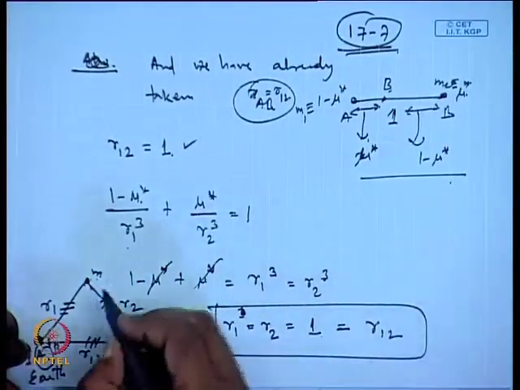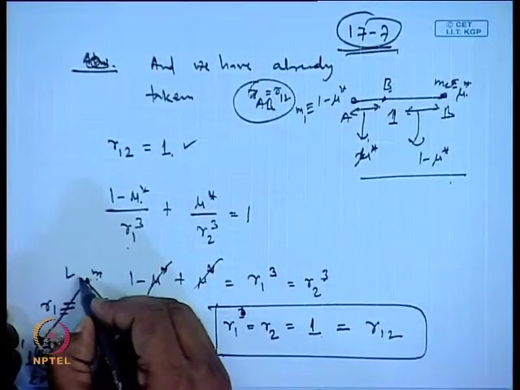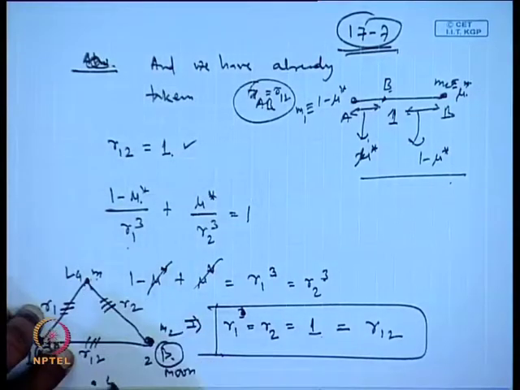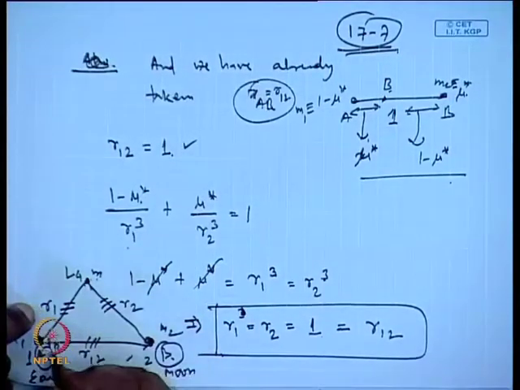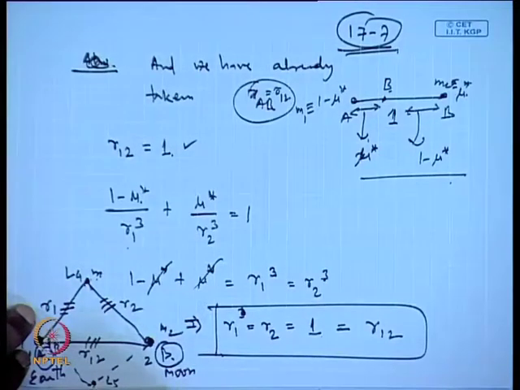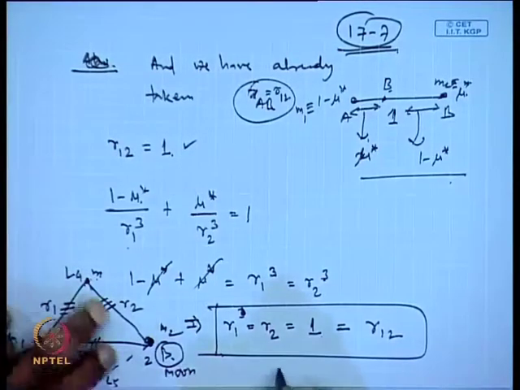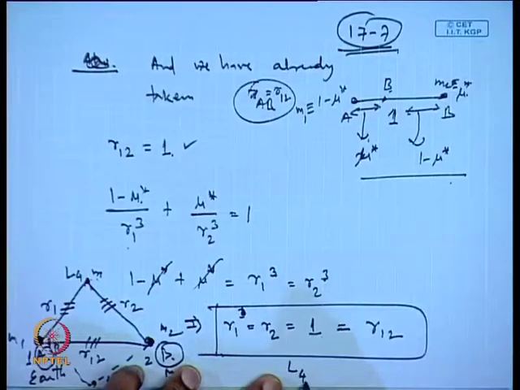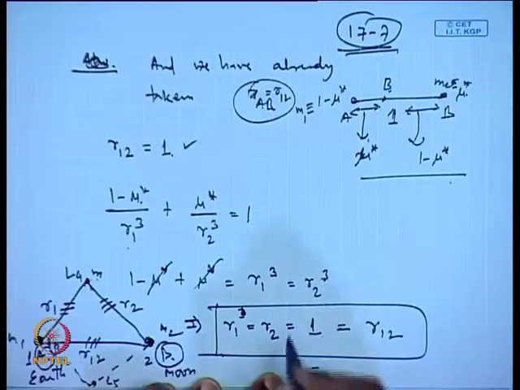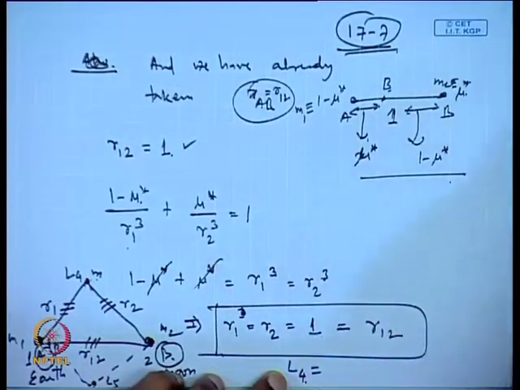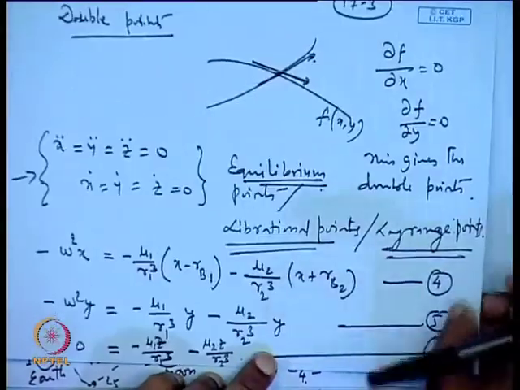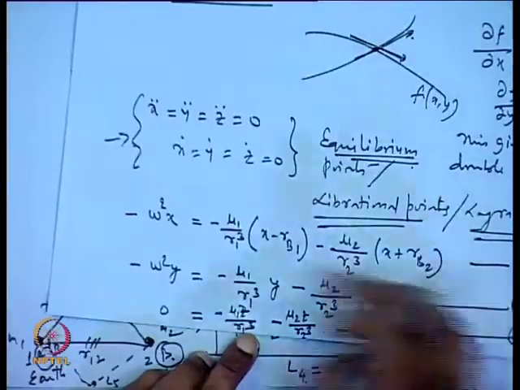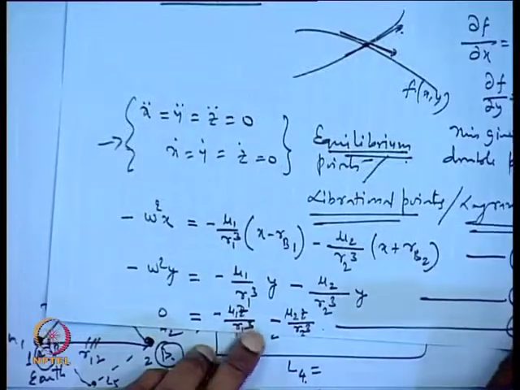So beside these 2 points, we can name them L4 and L5. So L5 will appear downward somewhere in this place. This solution we will find later, by solving equations 4, 5 and 6, we will find the values of x and y from this place, and obviously z also.